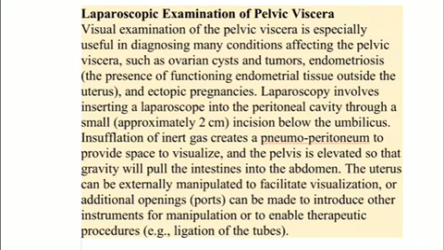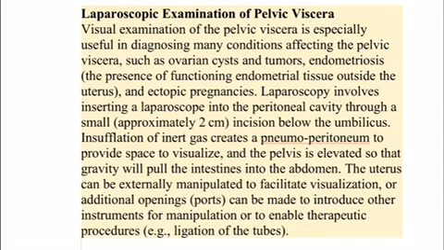It involves inserting a laparoscope into the peritoneal cavity through a small incision. The incision is about 2 cm and the incision is done below the umbilicus. Insufflation of inert gas creates a pneumoperitoneum that provides space to visualize, and the pelvis is elevated so that gravity will pull the intestines into the abdomen.